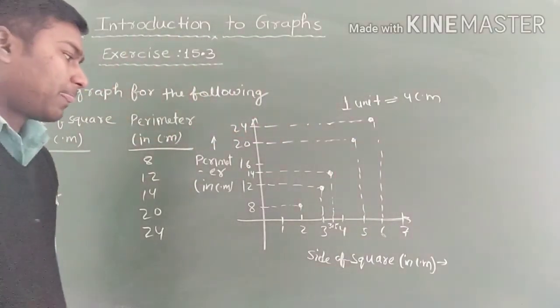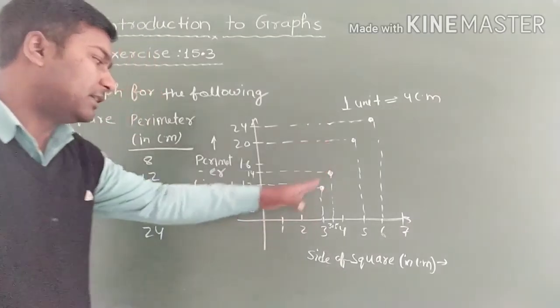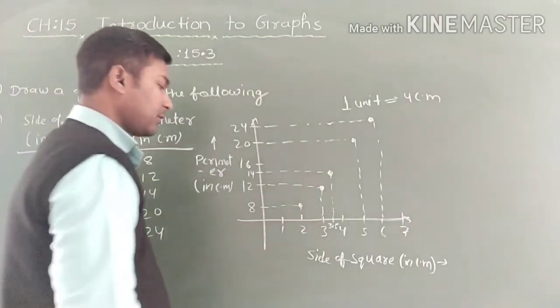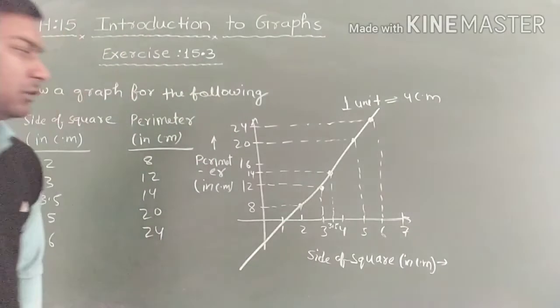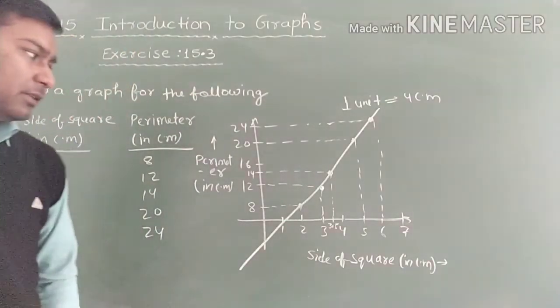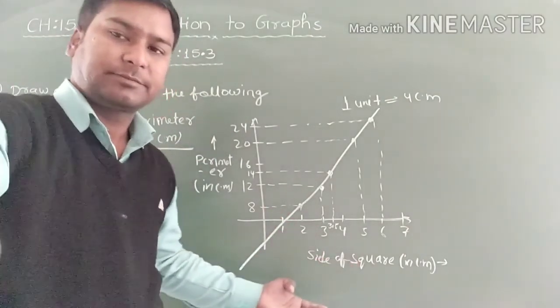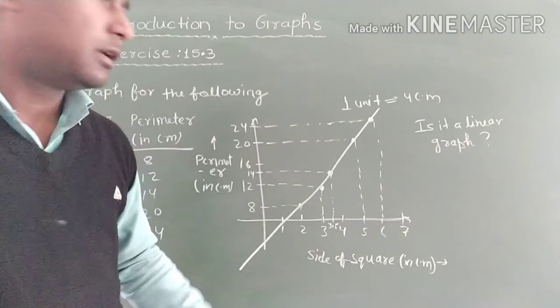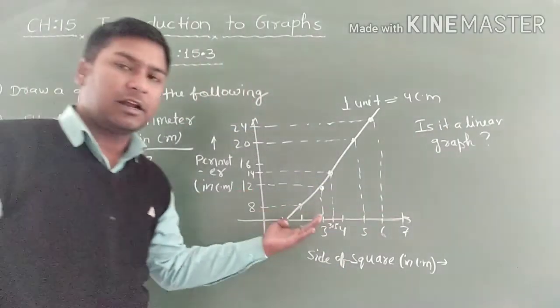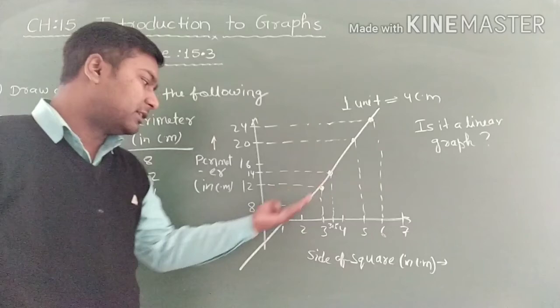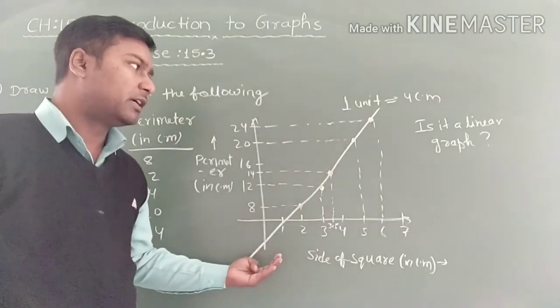Now draw a line passing through these points. So the question is, this is the required graph. Now question is asking here, is it a linear graph? So we can see here clearly, this line is a straight line, so it's a linear graph.